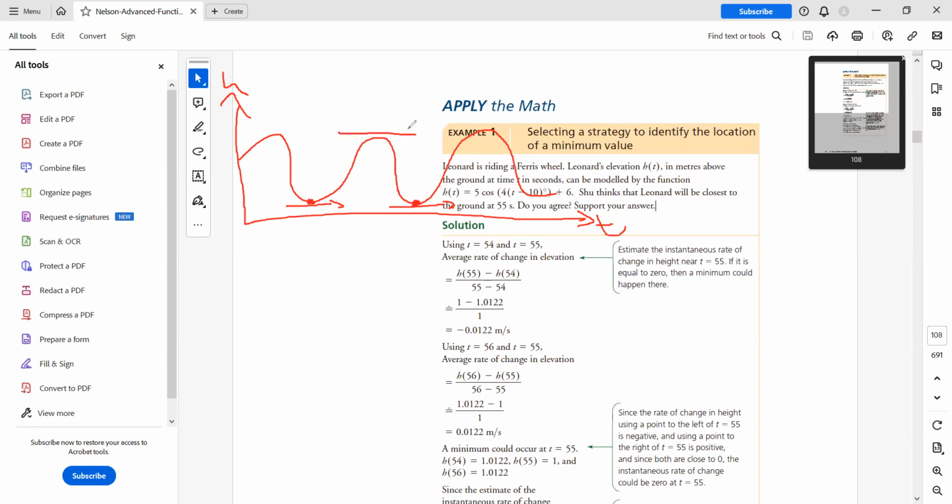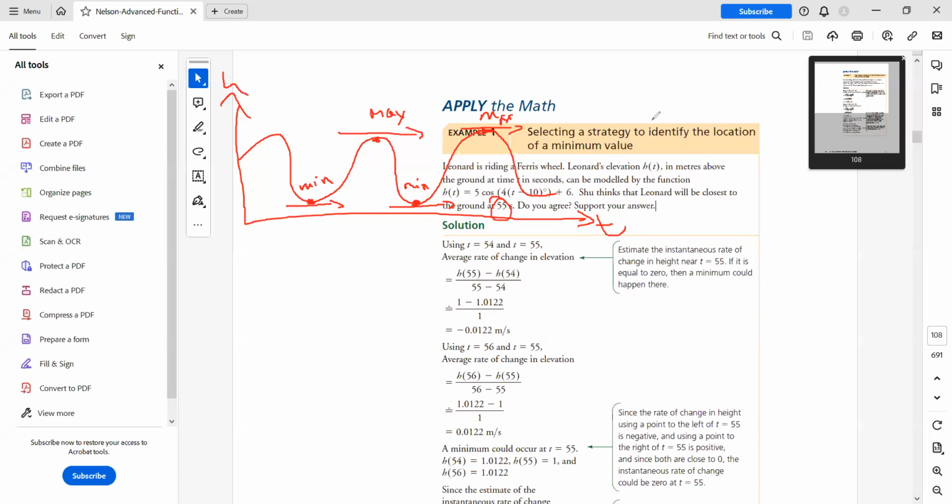On the other side, these points on top would be points that are higher from the ground, so the maximum value. These are maximum, and these are minimum, right?